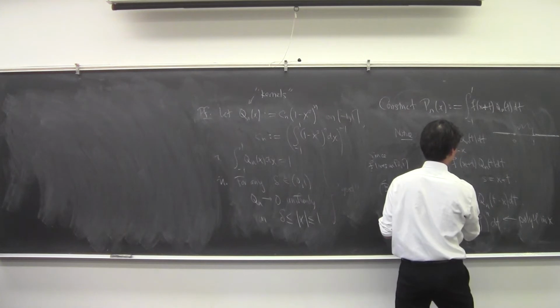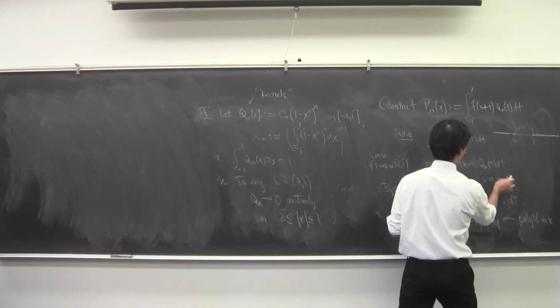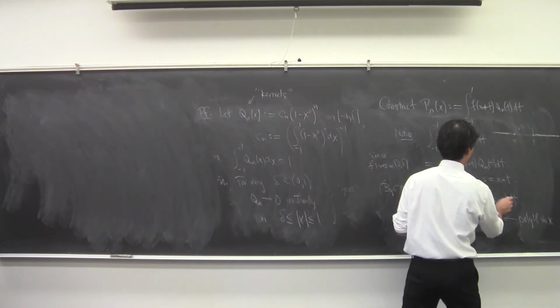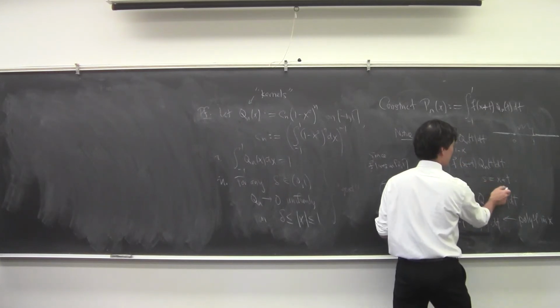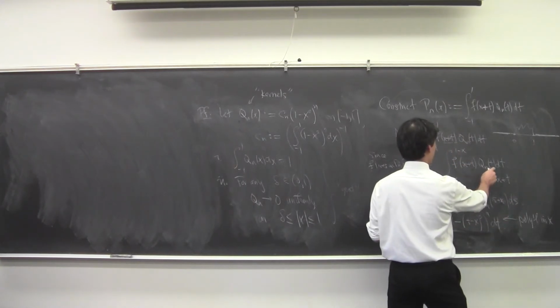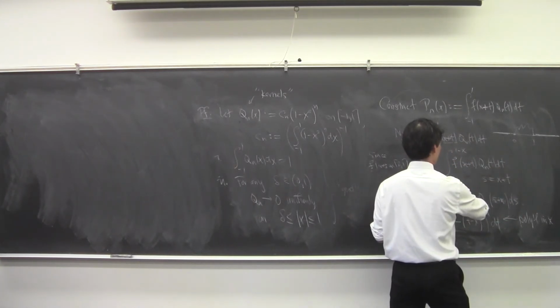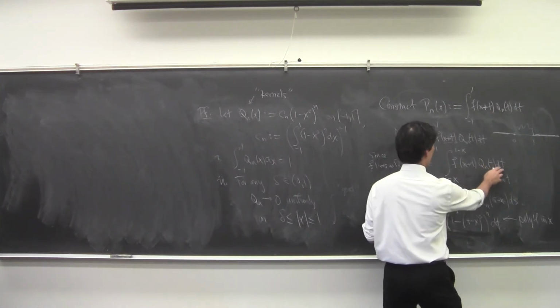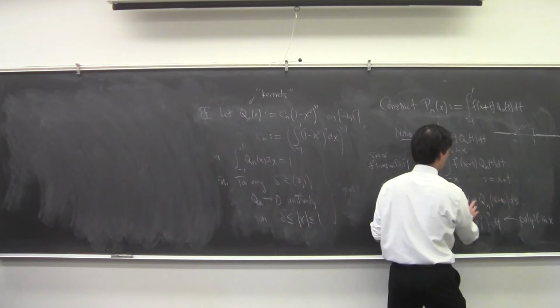And this is going to be f of x, and this is going to be s minus x, because t is s minus x. And we have a ds here. When t is minus x, s is 0. When t is 1 minus x, we get a 1. No, this is better.